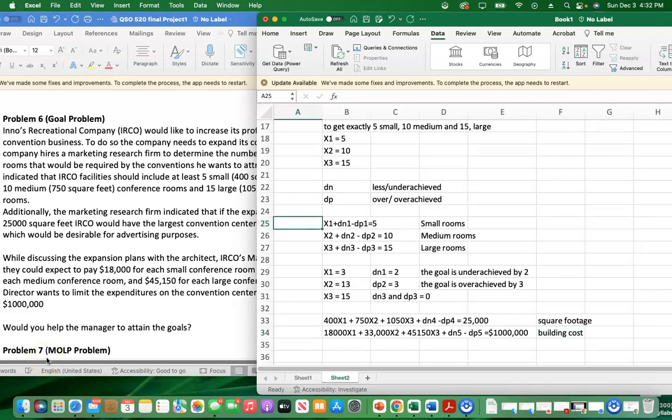So here we have goal number 1, and then goal number 2, and goal number 3, and here we have goal number 4 and goal number 5.